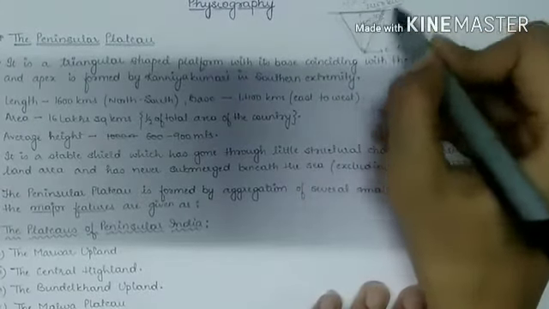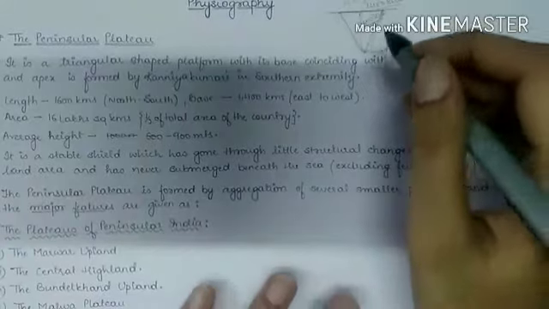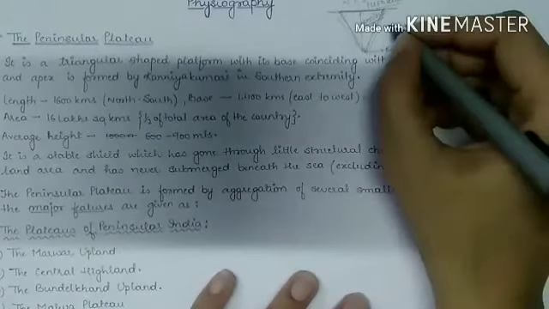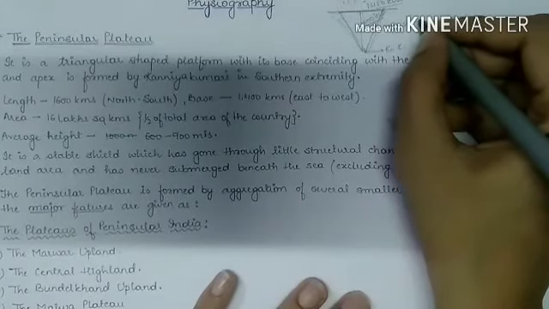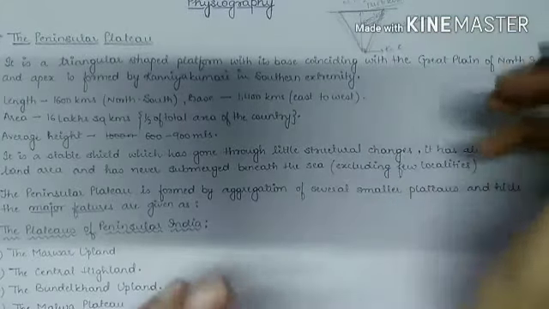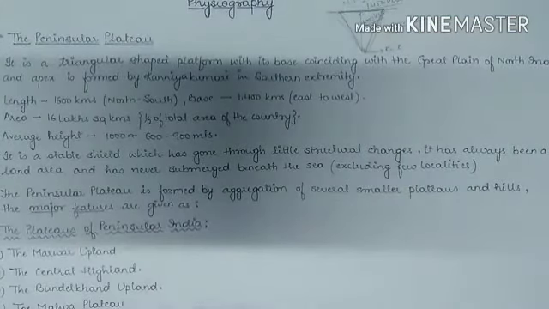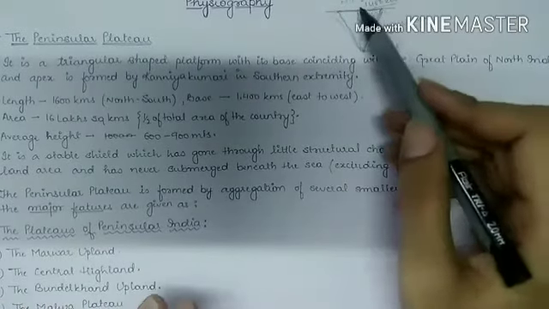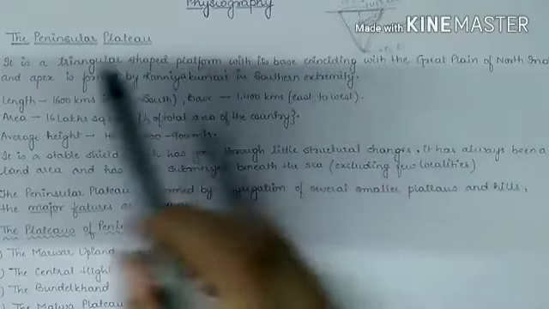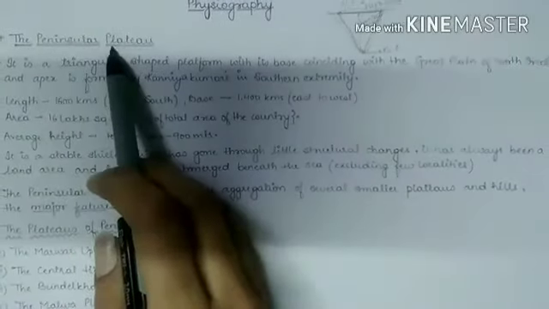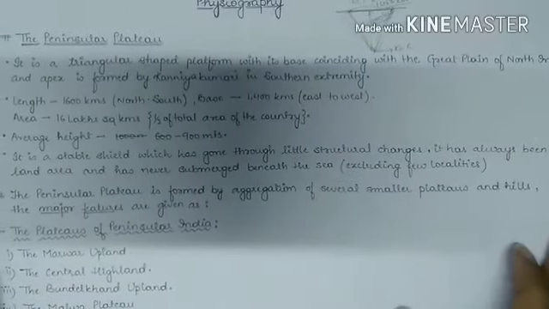In total, the area is 16 lakh square kilometers, which is about half of the total area of the country. That means the major portion of the country is occupied by this physiographic feature, that is the Peninsular Plateau.